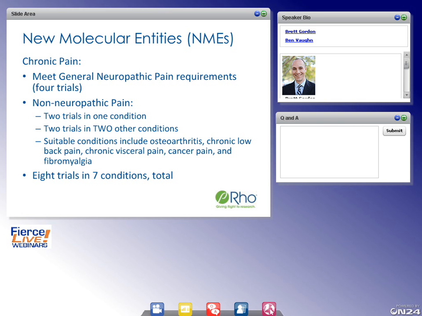And then you would also have to cover non-neuropathic pain, which would require 2 trials in 1 condition, and then at least 1 trial in each of 2 other conditions, which could include osteoarthritis, low back pain, cancer pain, fibromyalgia, or chronic visceral pain. So in general, what that equates to is having to do 8 trials in 7 conditions.